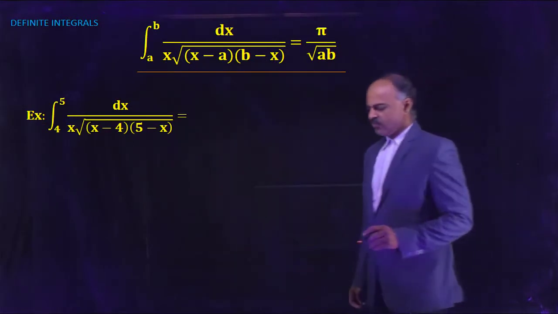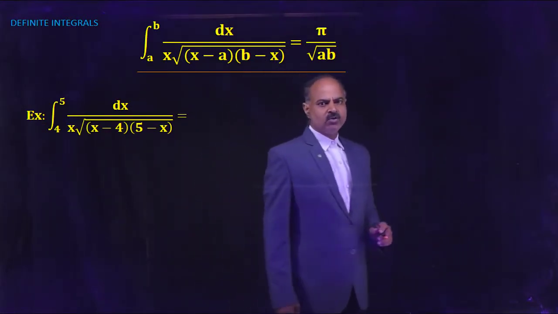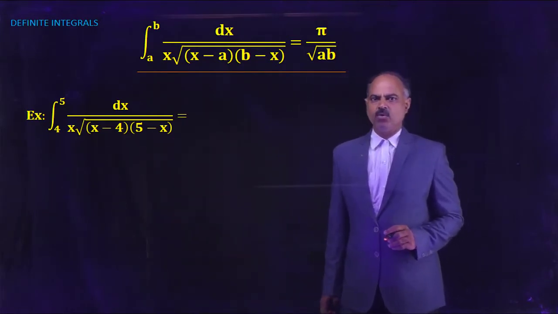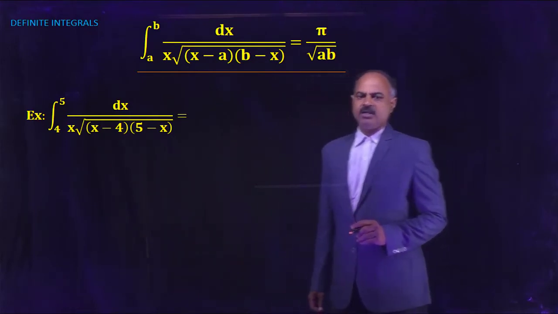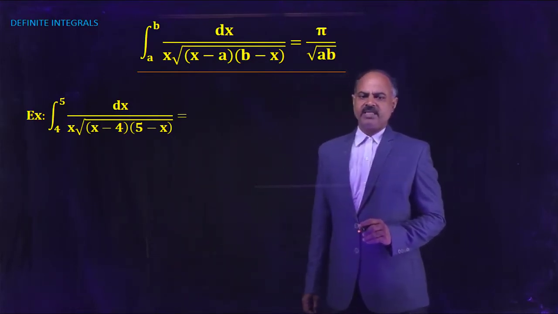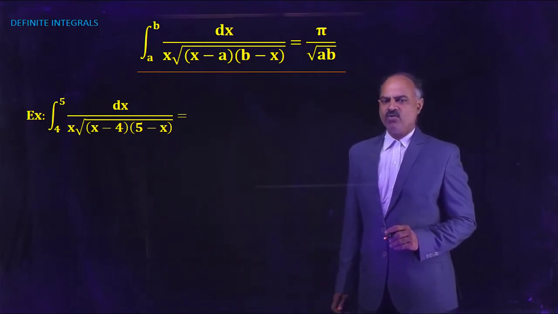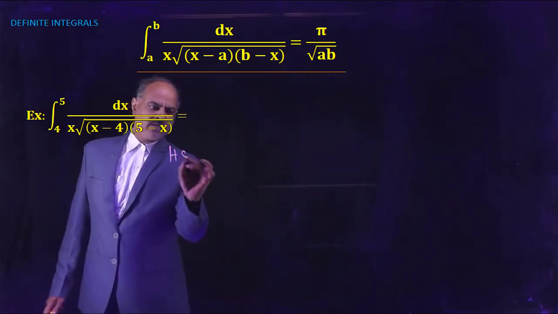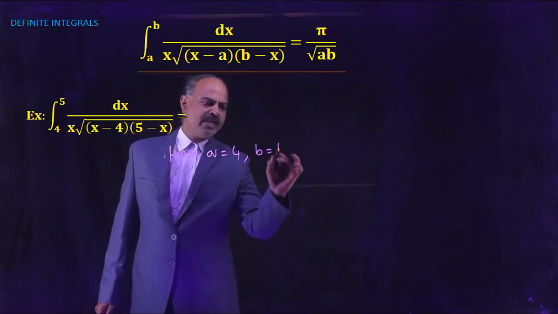Next shortcut formula: integral a to b dx by x into square root of (x minus a) into (b minus x) equals pi by root ab. Suppose for example, integral 4 to 5 dx by x into root over (x minus 4) into (5 minus x). Here a equal to 4 and b equal to 5.